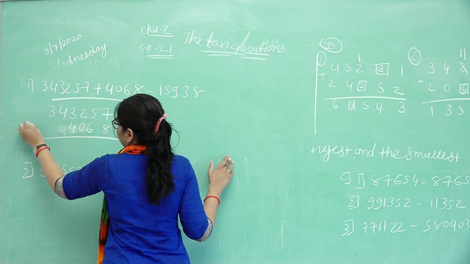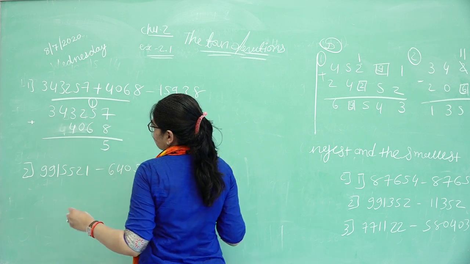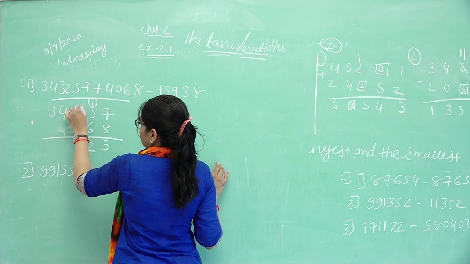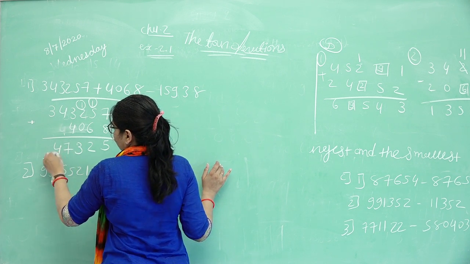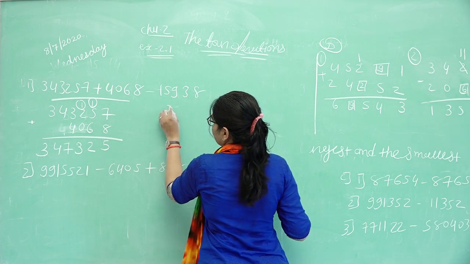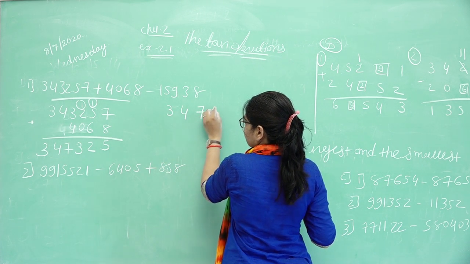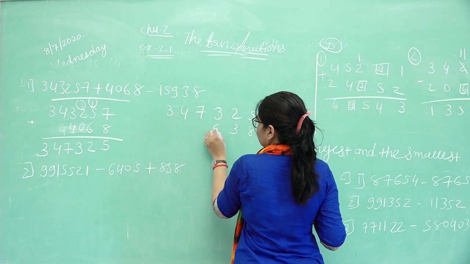Seven plus 7, 14 plus 1, 15, 5 here, 1 carry over, 6 plus 6, 12, 2 here, 1 carry over, 2 plus 1, 3, 4, 5, 6, 7, 4 and 3. Okay. Then after this one answer comes out and then deduction is there.